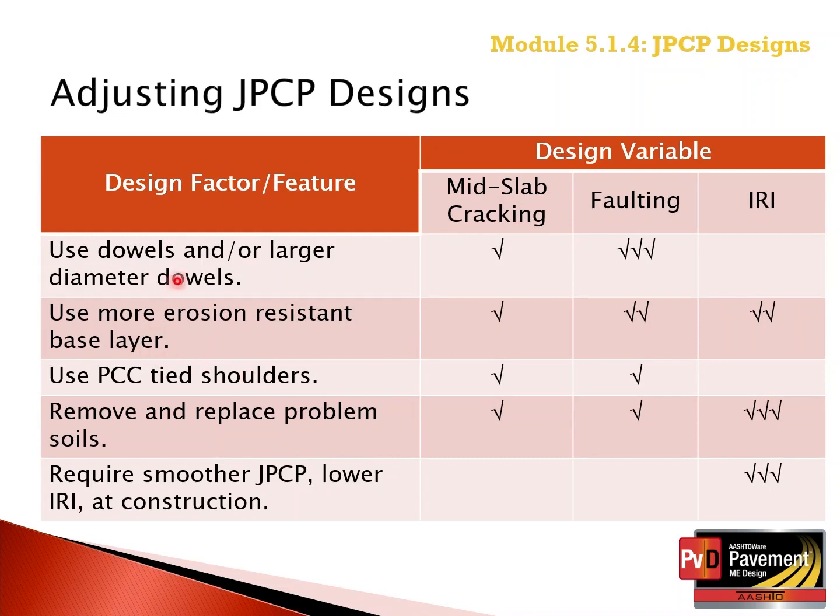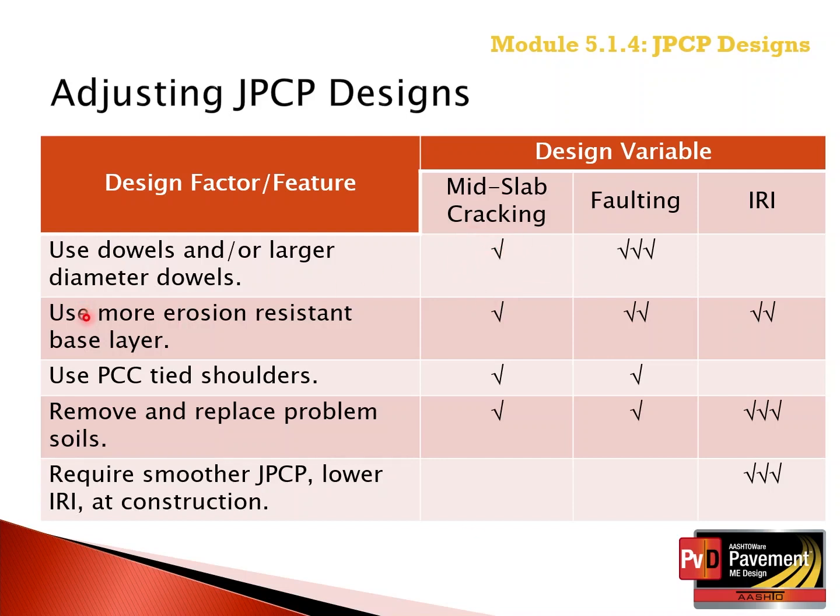Continuing with the impact of different design factors or features on the different distresses. The use of dowels, and the use of larger diameter or appropriately sized dowels, significantly reduces faulting and has a much less impact on reducing mid-slab cracking.